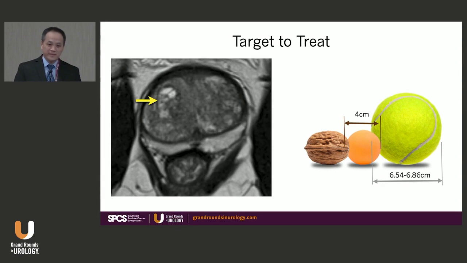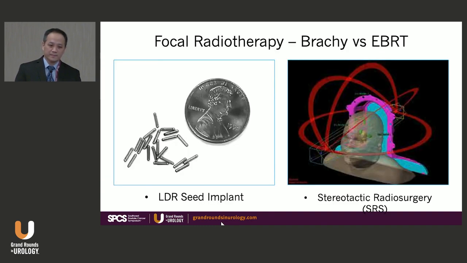Everybody knows this image with MRI with a sizable lesion inside. When we consider treating this size of lesion, the prostate size is normally within a few cc, and the target we're treating is on this centimeter dimension. So when we look at how to treat this type of cancer, what choice do we have?